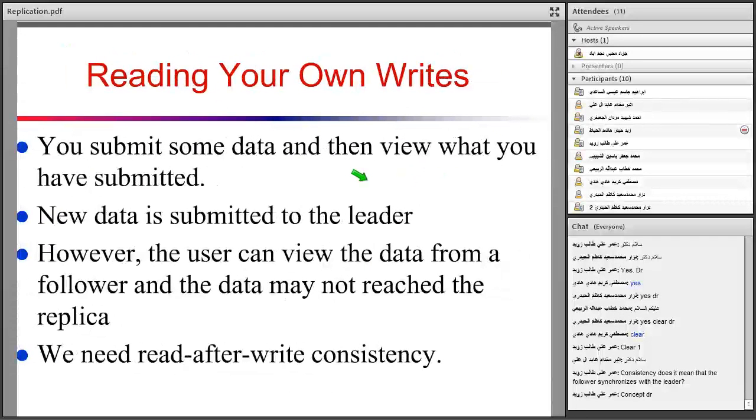For example, when I'm at Imam Reza University, I connect to my portal and change some information about myself.